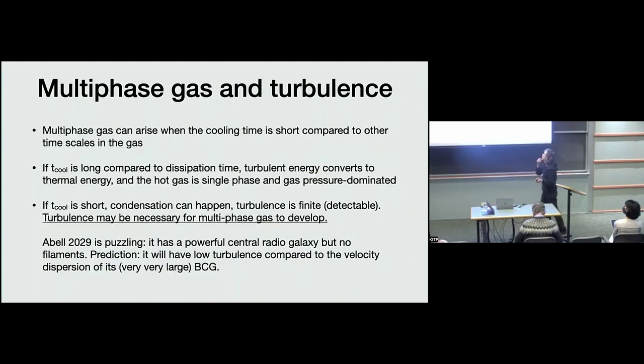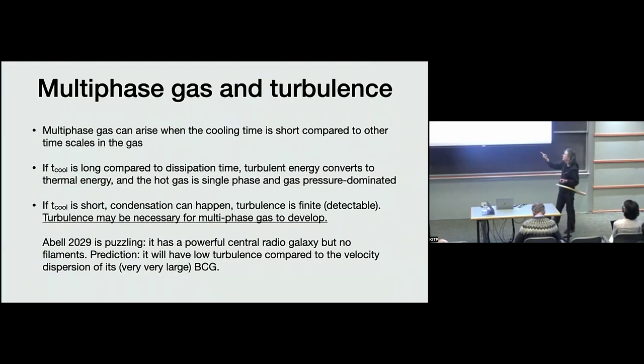Some other thoughts about multi-phase gas and turbulence and how they're related. Peng has thought about this quite a bit, but it's possible that the presence of multi-phase gas in the center of a cluster requires some turbulence in the ICM, even if it's not so important in supporting the pressure against gravity. And that is when the cooling time is short compared to other time scales in the gas, like dissipation, these condensations can form.